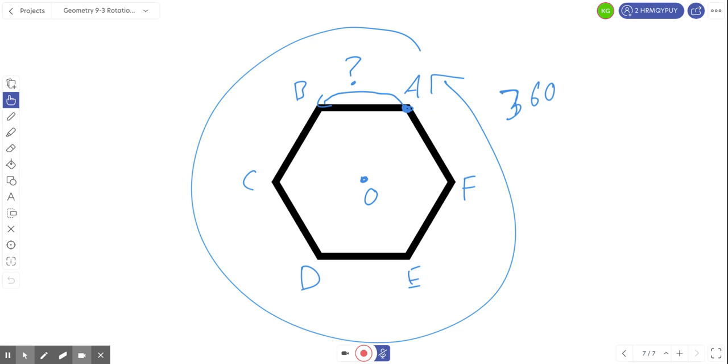And because our hexagon has 6 sides, all the same length and all the same angles, each rotation from here to here is 60 degrees. It's 1/6 of 360, 360 divided by 6.